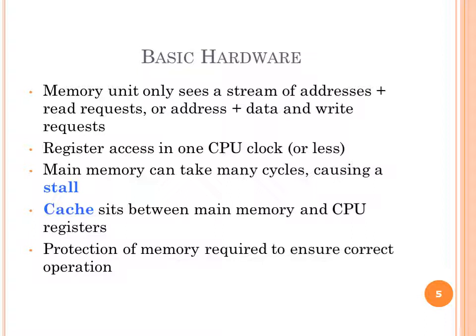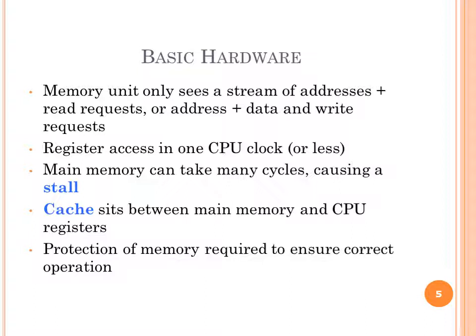storage devices. Registers built into the CPU are generally accessible within one cycle of the CPU clock. The same cannot be said of main memory, which is accessed via a transaction on the memory bus. Completing a memory access may take many cycles of the CPU clock.